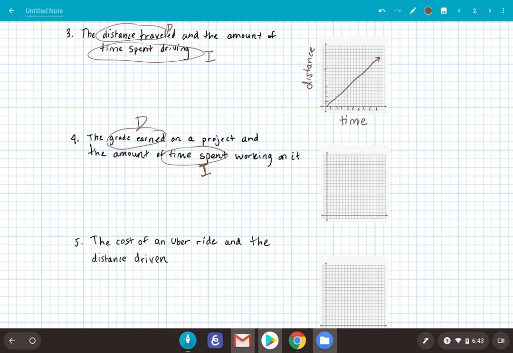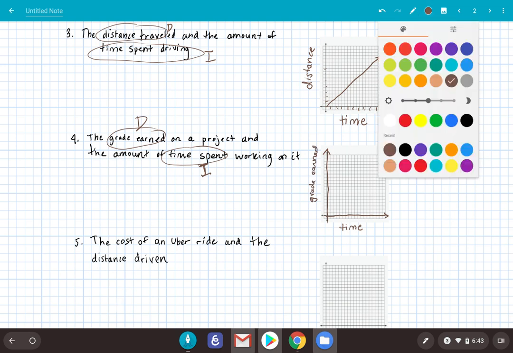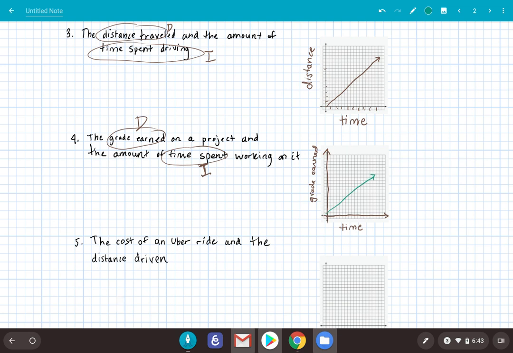So I could label my x-axis the time spent working, and I could label my y-axis, let me make that a little straighter, your grade earned. Okay, so as time increases, your grade is going to increase.